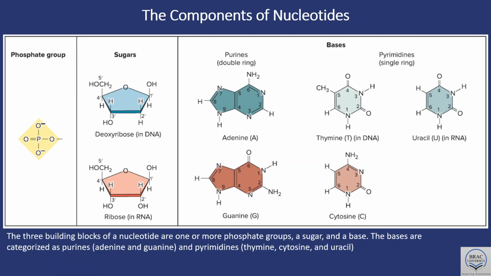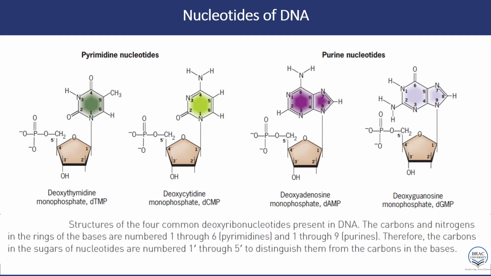So moving to the next slide. So these are the DNA nucleotides. I mentioned that the nucleotides need to have three components, right? You can see this is the phosphate group, attached to the deoxyribose. This is the deoxyribose sugar, and this is thymidine, and together they are called deoxythymidine monophosphate.